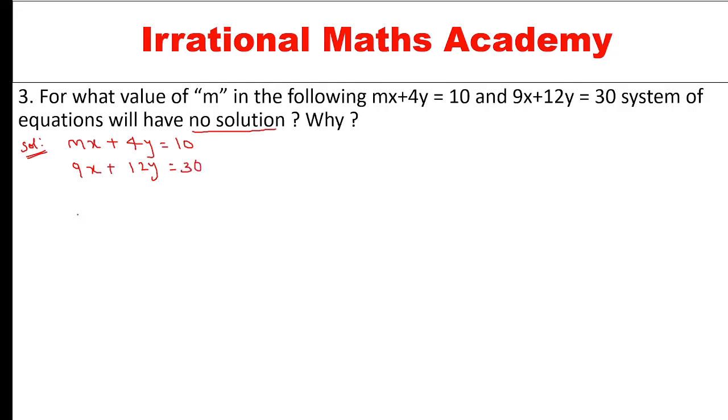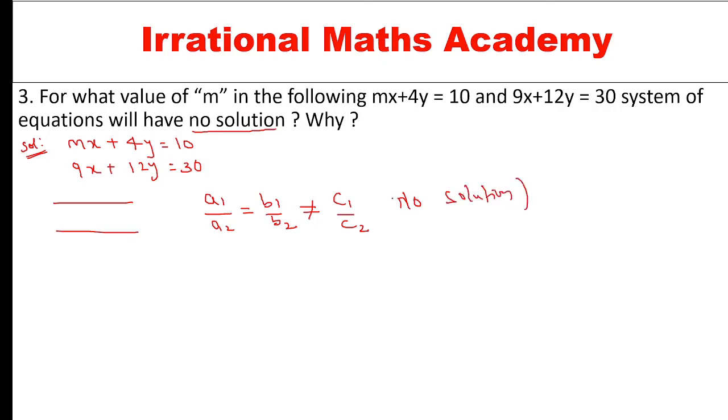So for which pair of linear equations do we have no solution? For parallel lines. If these are two parallel lines, what is the condition? A1 by A2 equal to B1 by B2, which is not equal to C1 by C2. For parallel lines, we have no solution.